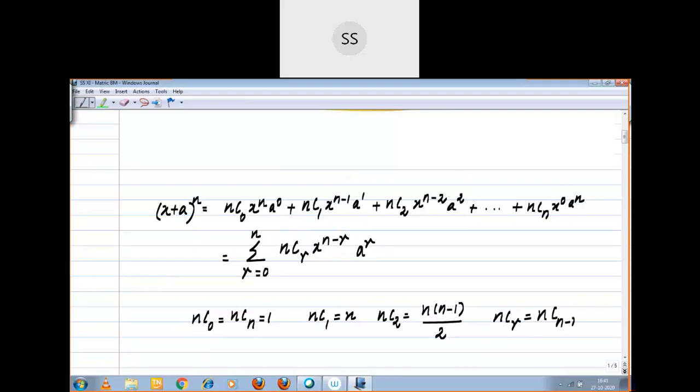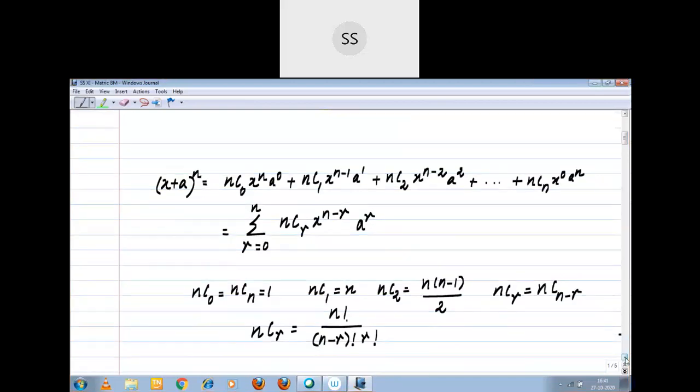Next, nCr equal to nC(n minus r). First. Next, nCr, what is that formula? n factorial divided by n minus r factorial into r factorial. Okay.